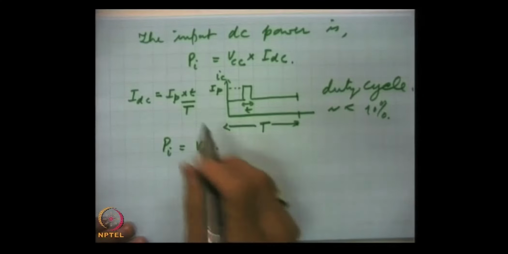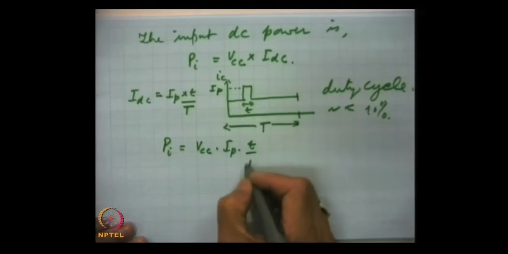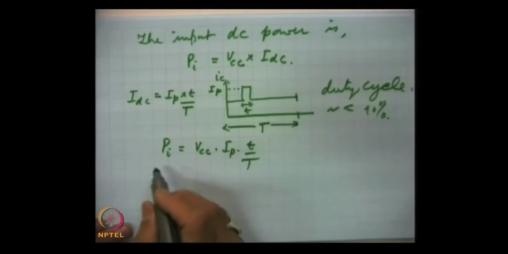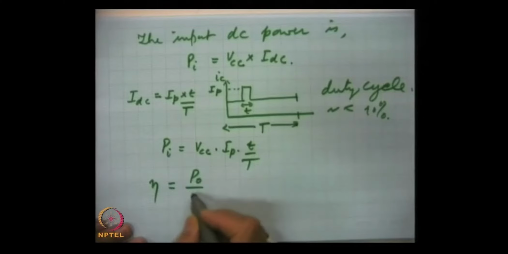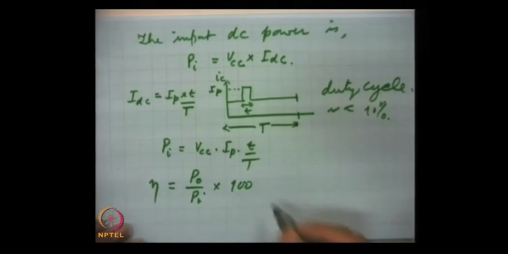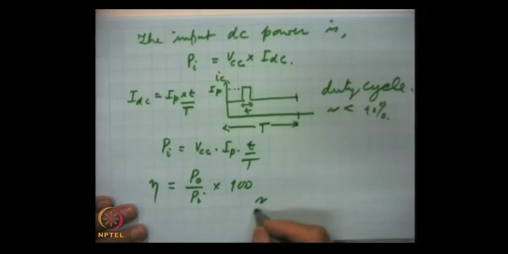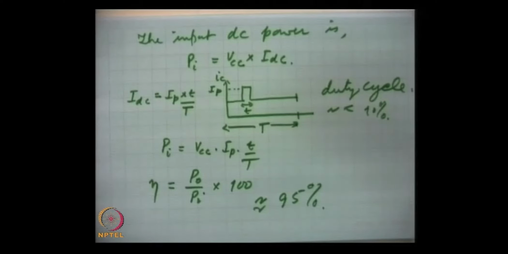Then efficiency is P0 by PI into 100. This is the percent efficiency, and for class C operation it comes close to 95%.